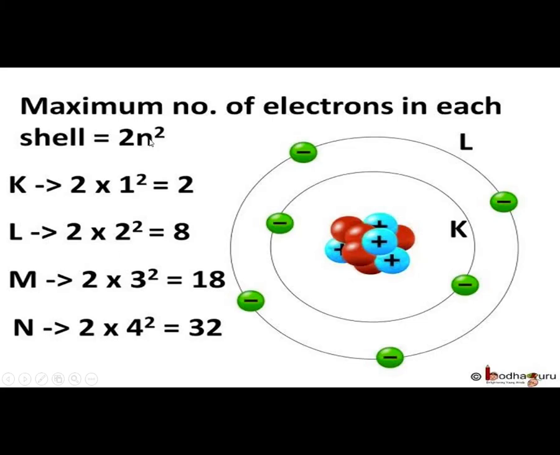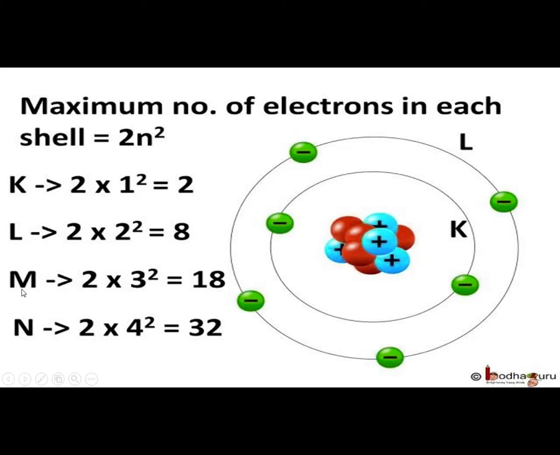L shell can contain 8 electrons. How can we calculate? L is the second shell, so in place of n, we will put 2 over here. So 2 2s are 4, 4 multiplied by 2 is 8, so we will get 8. That means 8 electrons can be present in the L shell.